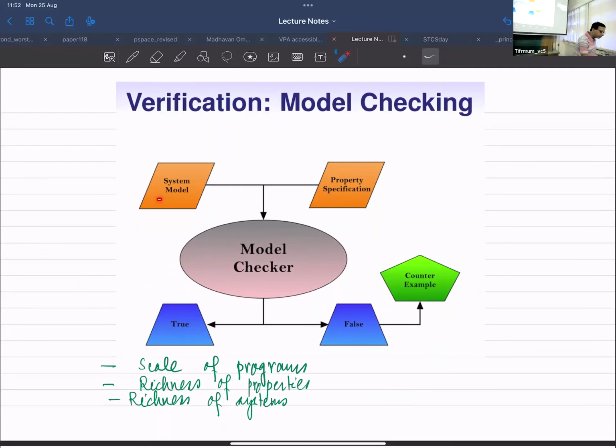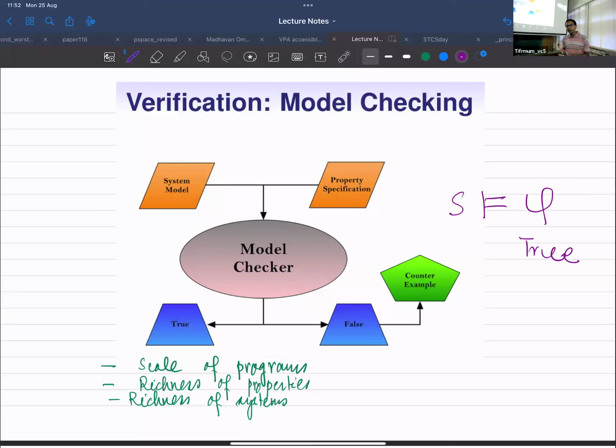So the idea is that we have the system model, a property specification, and the model checker, which is just an algorithm. The algorithm takes the system and the property specification. If the system S satisfies the property phi, it will say true. Otherwise, the algorithm will say false, and it will generate a counterexample.